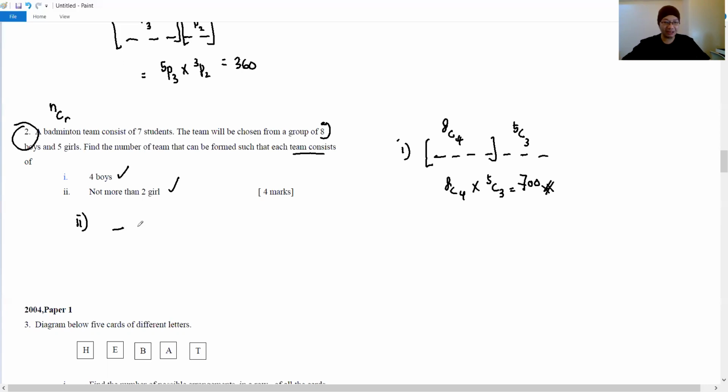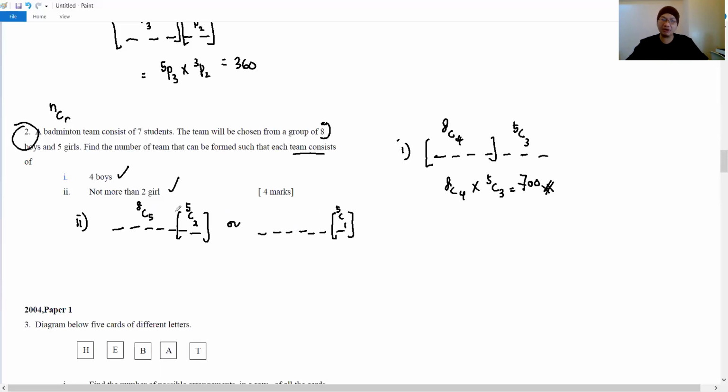First case: 1, 2, 3, 4, 5, 6, 7, 7 places here, with 2 girls. How many girls do we have? 5, and we want to choose 2, so 5C2. The available places for boys are 5, so from 8 boys we want to choose 5, 8C5. That is the first case. Or 1, 2, 3, 4, 5, 6, 7, only 1 place for girls, which is 5C1 here.